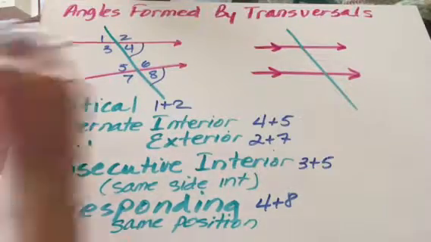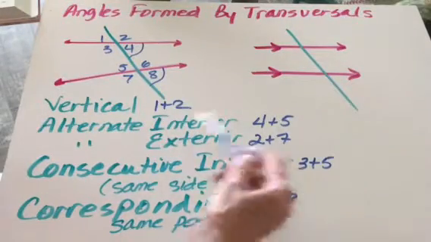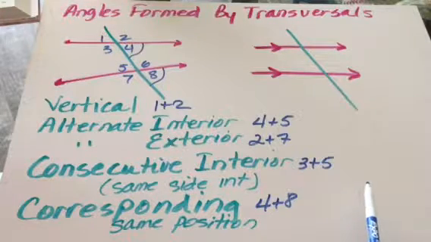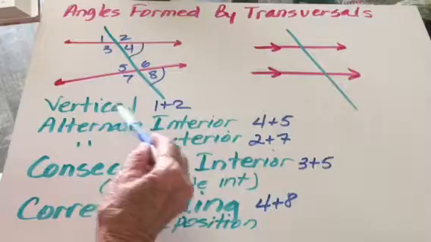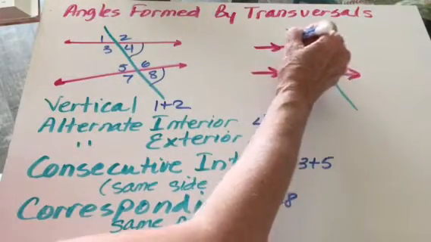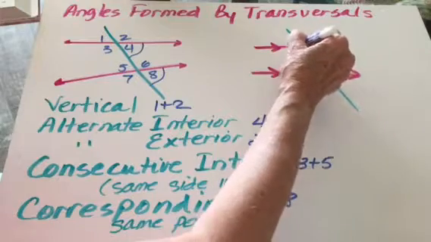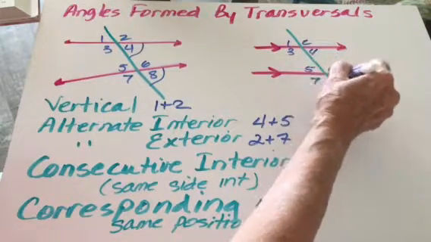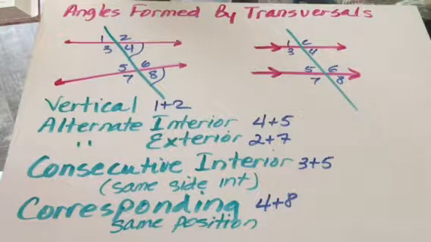Now if we have all of these angles, now they're going to equal one another. In other words, the vertical angle 1 and 2, right? Well, let's number them again. 1, 2, 3, 4, 5, 6, 7, 8. Now the vertical angles are going to be the same size, the same exact size.